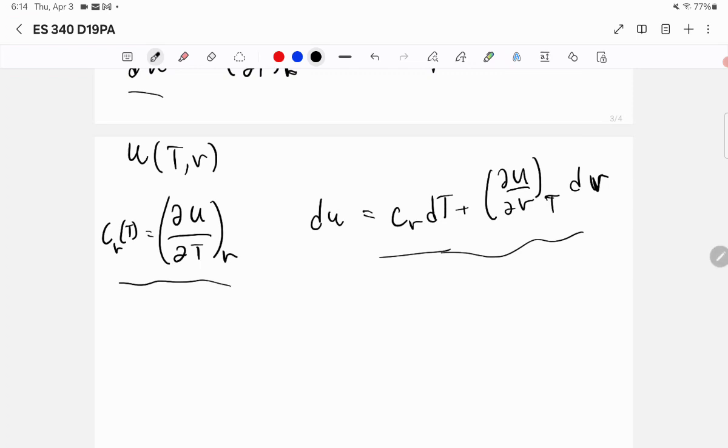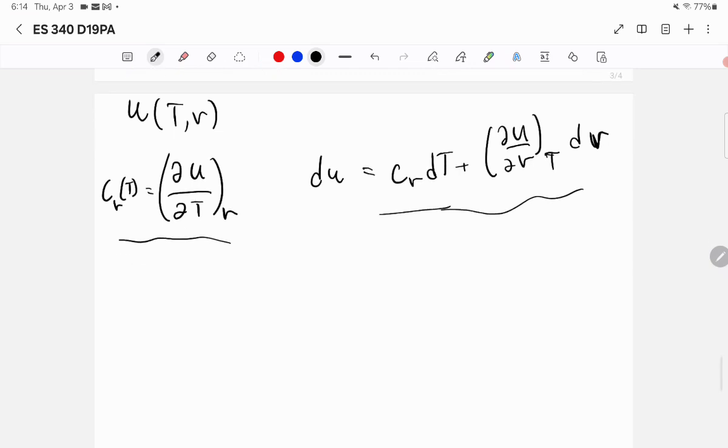Now, I'm not going to go through all the steps here, because I think it's not really necessary to see every detail about everything. You can go back through the book if you like and work through some of these equations.